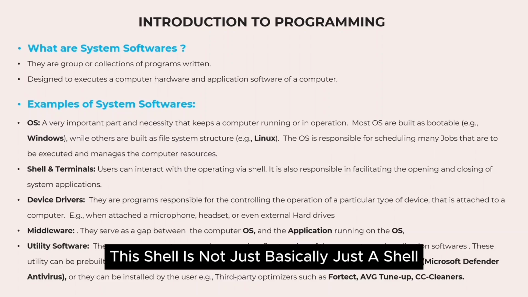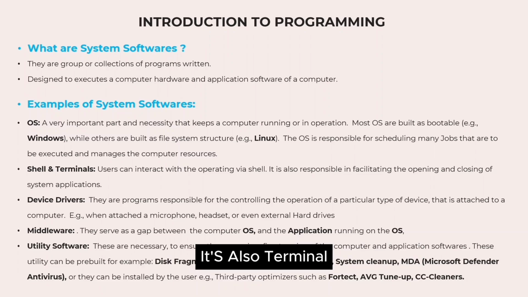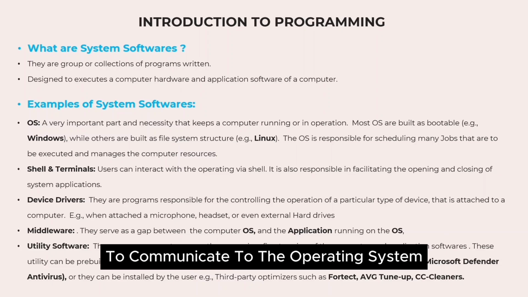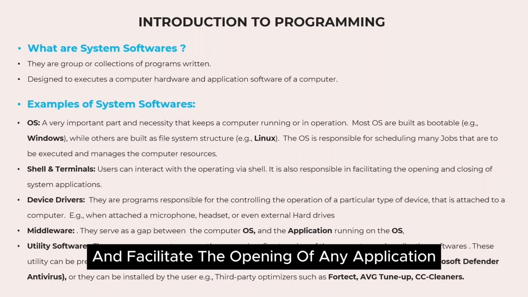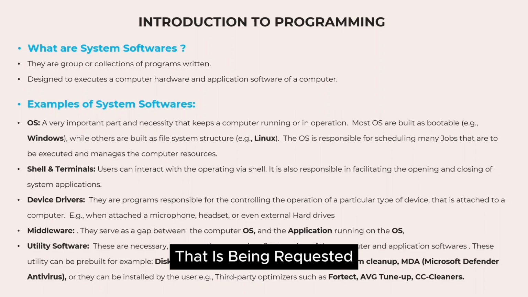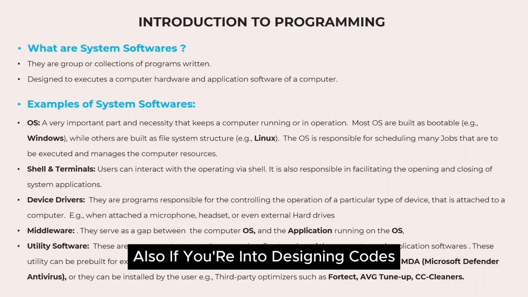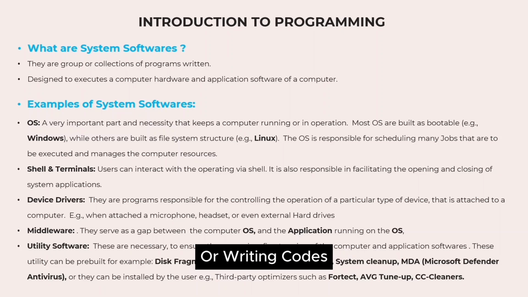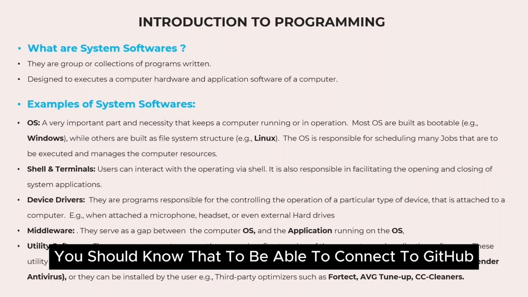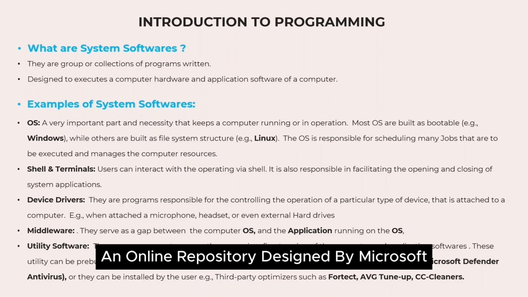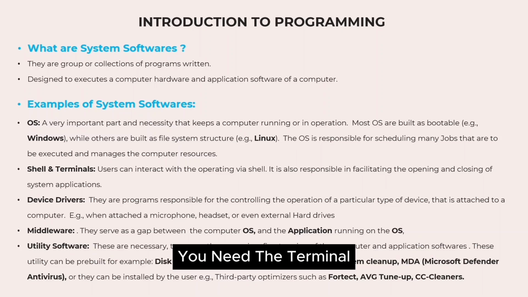The shell is not just a shell. It's also a terminal to communicate with the operating system and facilitate the opening of any application that is being requested. Also, if you're into designing or writing code, you should know that to be able to connect to GitHub, an online repository owned by Microsoft, you need the terminal, which is of course the shell.